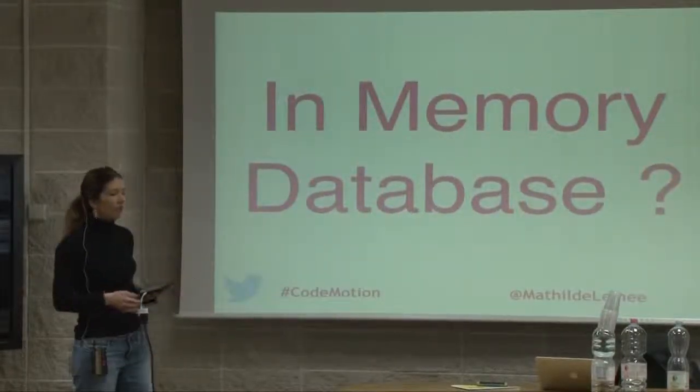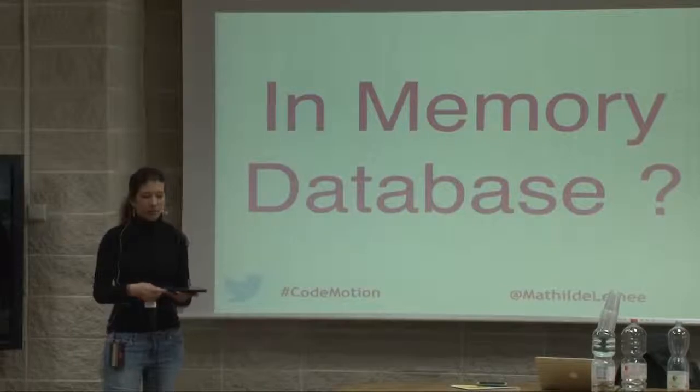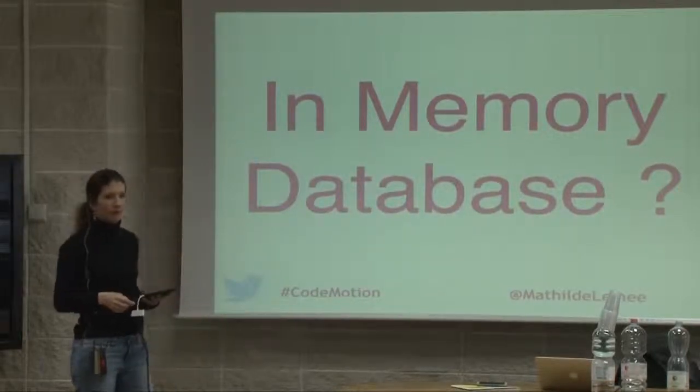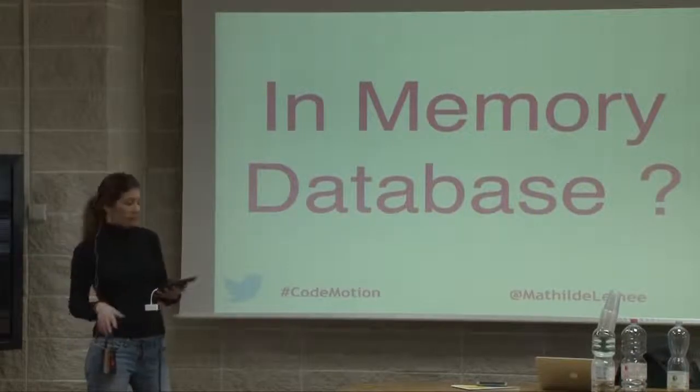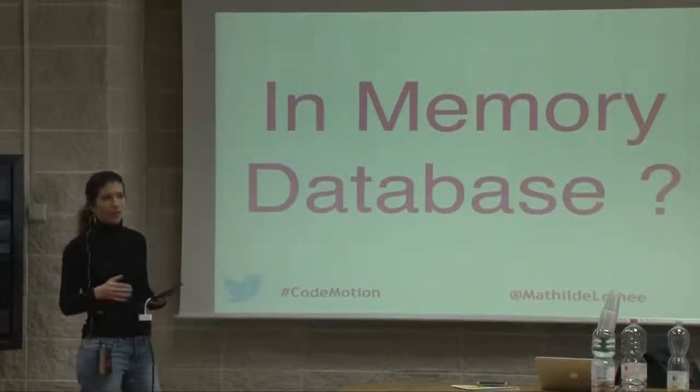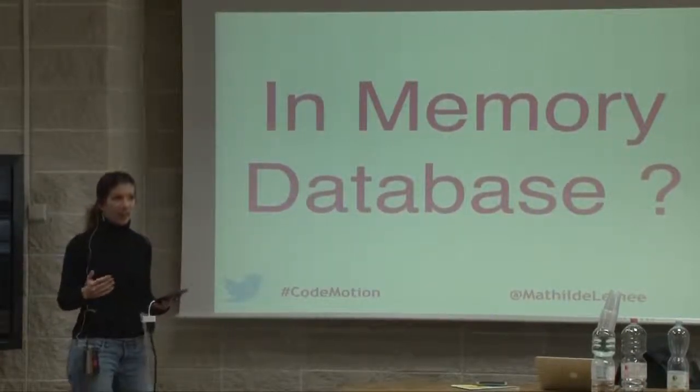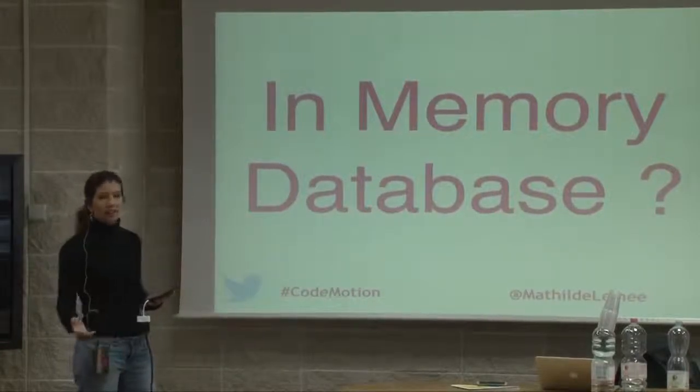So we see that we are fast when we go to RAM, to in-memory. Why don't we use an in-memory database? I think of, for the smaller ones, H2 and SQLite. That's an in-memory database.